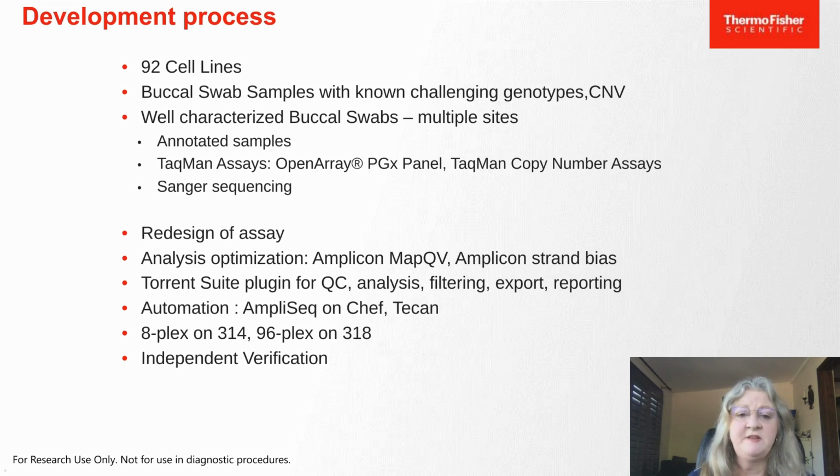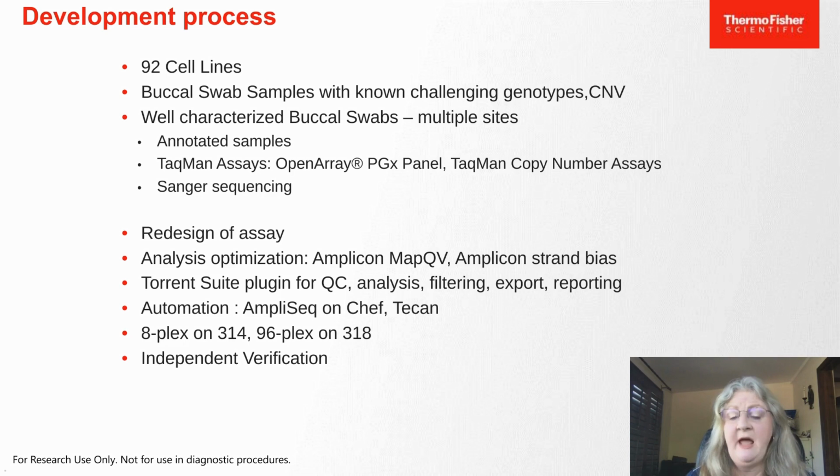And we characterized those samples using TaqMan OpenArray, TaqMan copy number assays, and where necessary, Sanger sequencing. And the development process included redesign of the assay. It included a lot of bioinformatics work to optimize the analysis of this panel.